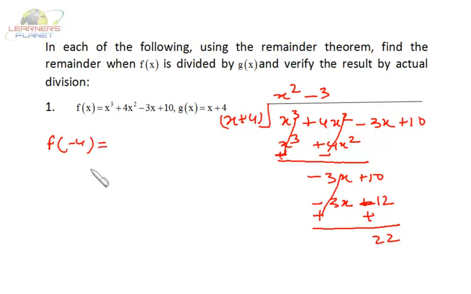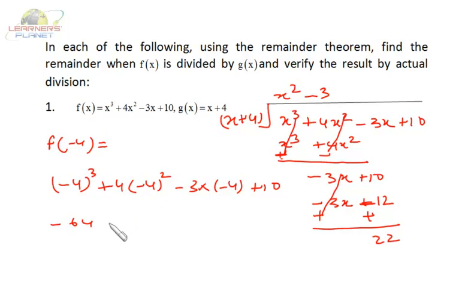Okay, so it's minus 4 cube plus 4 into minus 4 square minus 3 into minus 4 plus 10. So it's minus 64. Minus 4 square is 16 and it is plus 64, and it is minus 3 into minus 4 plus 12 and plus 10. So further I am getting 22.